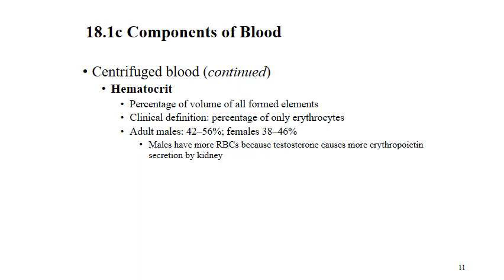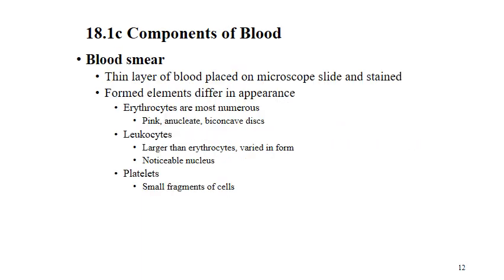So for adult males, it's about 42 to 56%, and for females, it's 38 to 46%. So notice us ladies actually have quite fewer erythrocytes than our male counterparts, and that's just because testosterone causes more erythropoietin secretion by the kidneys, and that's just a hormone that's going to be stimulating erythrocyte production.